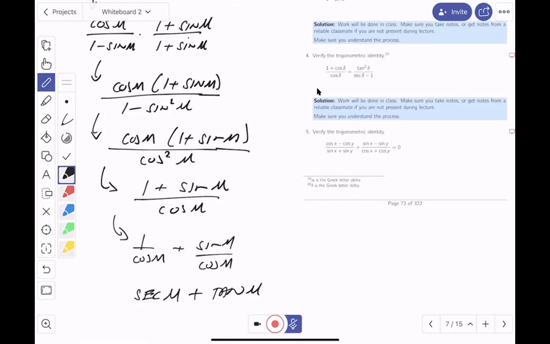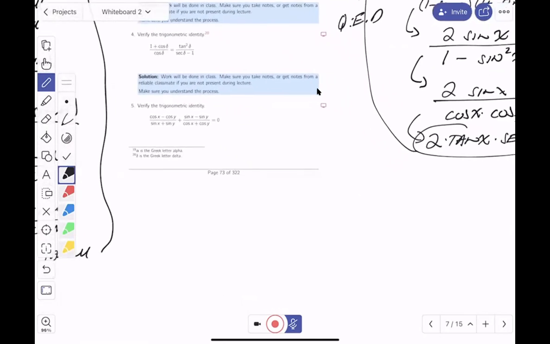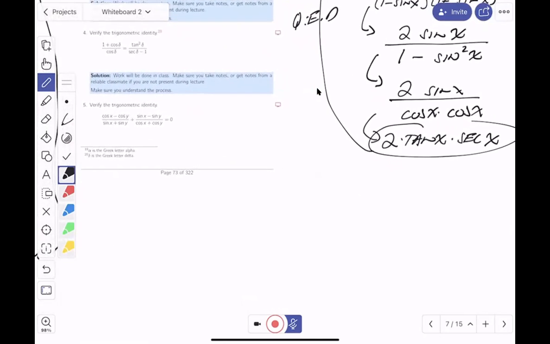They may not realize this, but this is what you were supposed to show. You were supposed to show this over here. And we did that. We got secant u plus tan u. All right, fairly simple. All right, let's do number 4 now. And again, I'm looking at number 4. And number 4, I see the Greek letter delta.